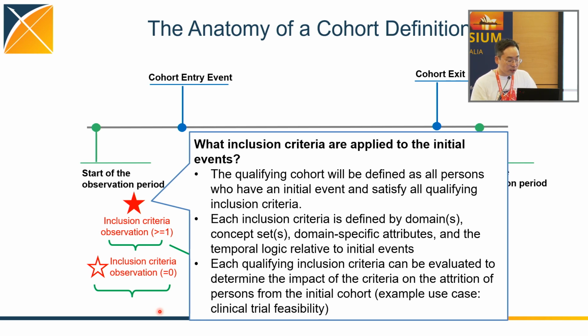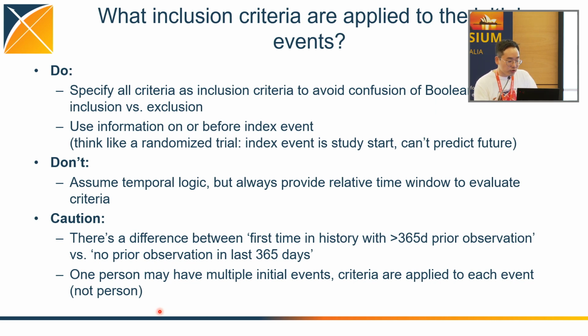And each qualifying inclusion criteria can be evaluated to determine the impact of the criteria and the attrition of persons from the initial events, initial cohort. So you need to specify all criteria as inclusion criteria to avoid confusion of Boolean logic around inclusion versus exclusion. Again, there is no exclusion criteria in OHDSI, but you can use inclusion criteria to exclude something.